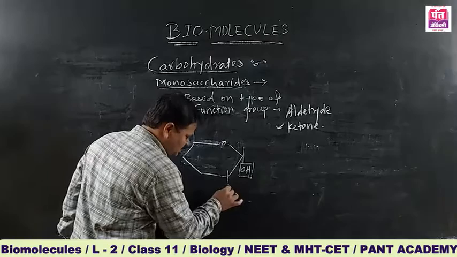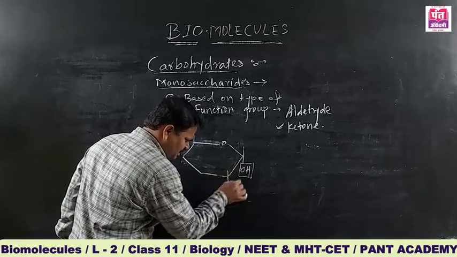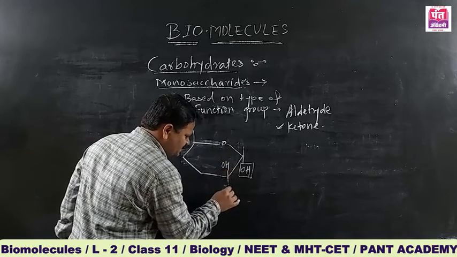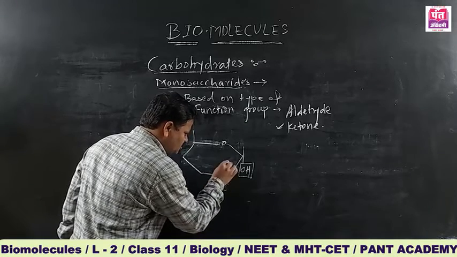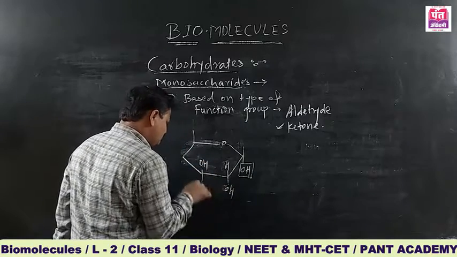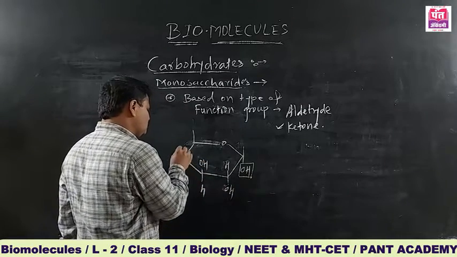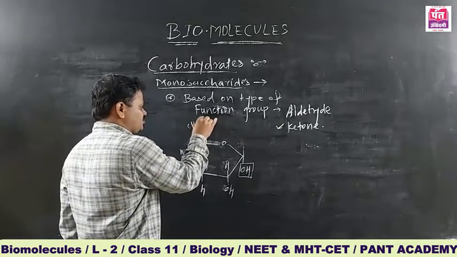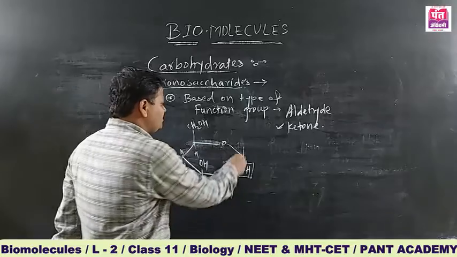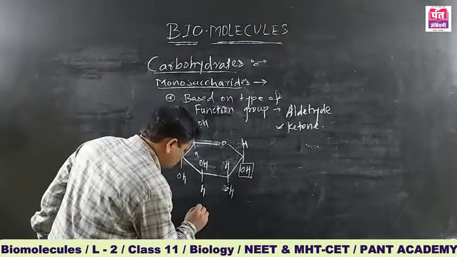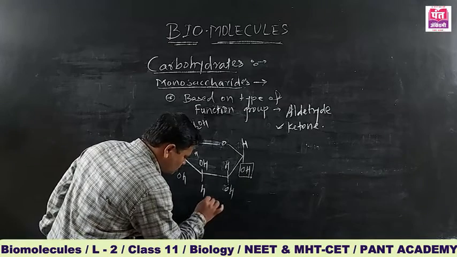Then H is present, OH is present, and CH2OH. So this is the very simple structure of a sugar, glucose.